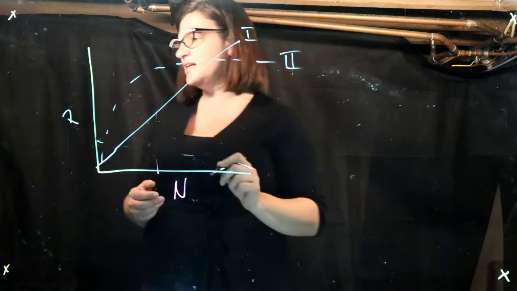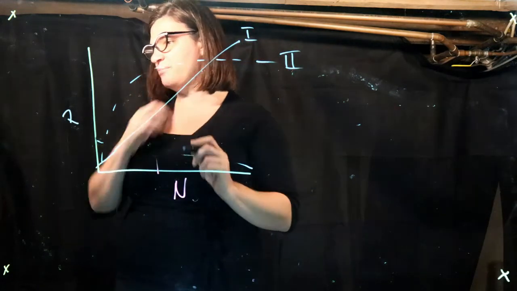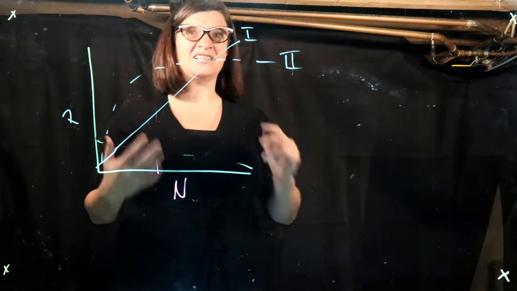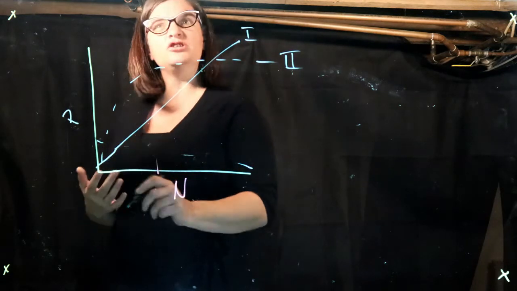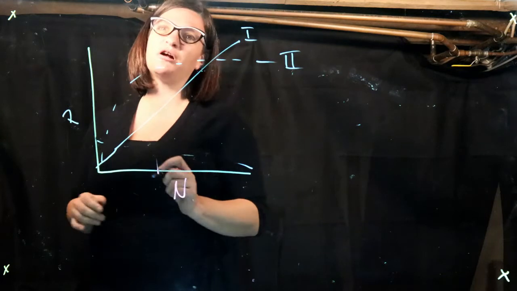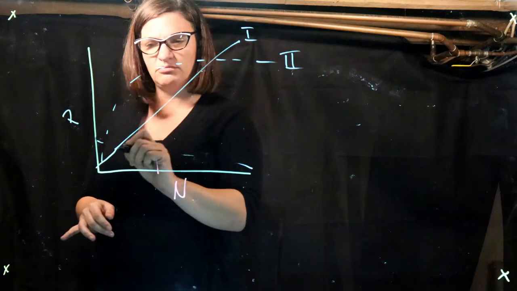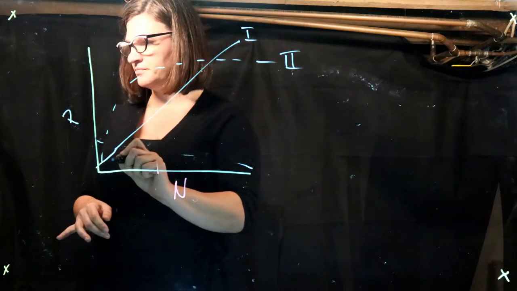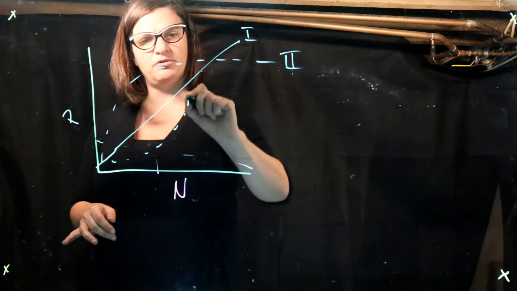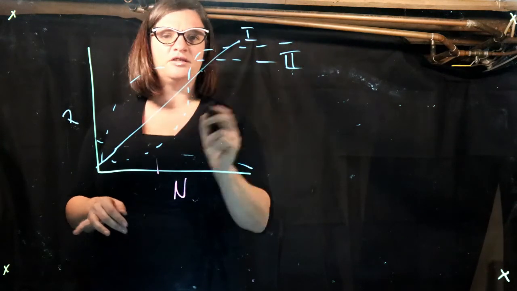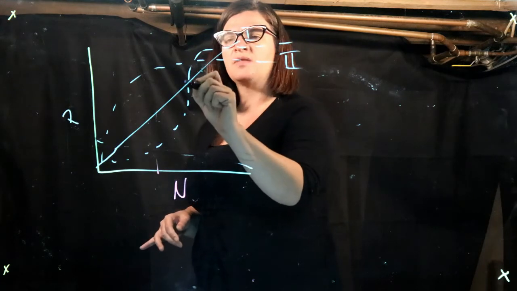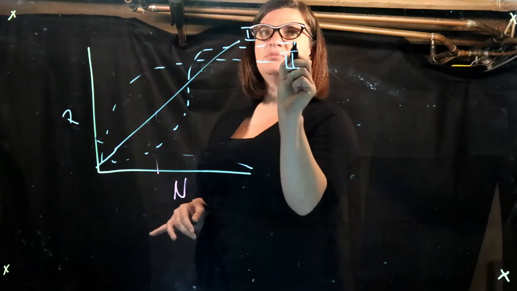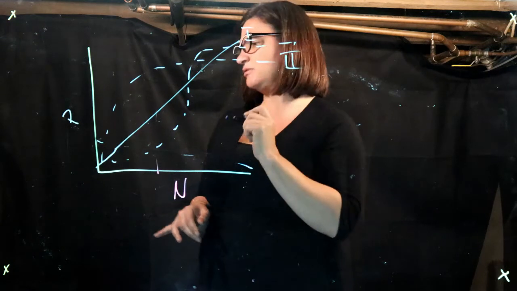You'll sometimes see organisms have a type 3 saturating response, which is an S-shaped response. So you'll remember these from our logistic population growth models, where we have an inflection point.